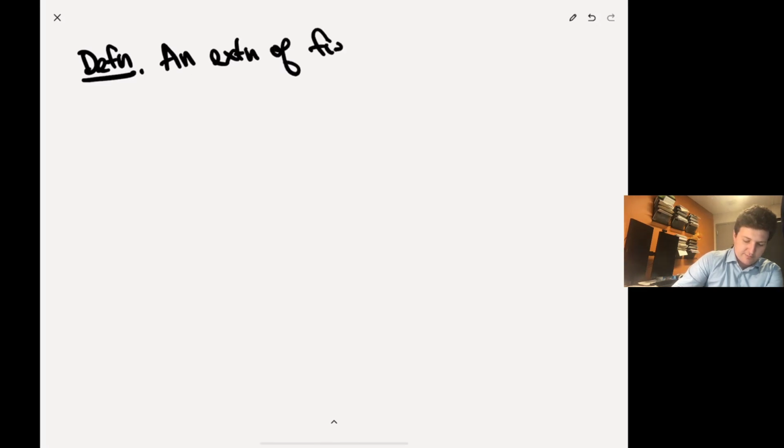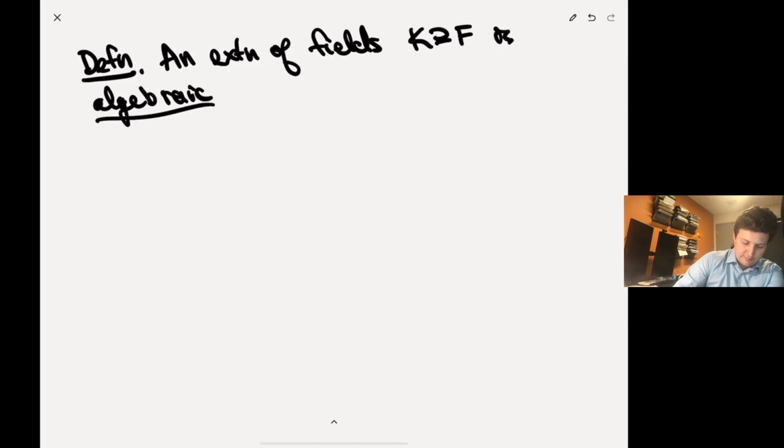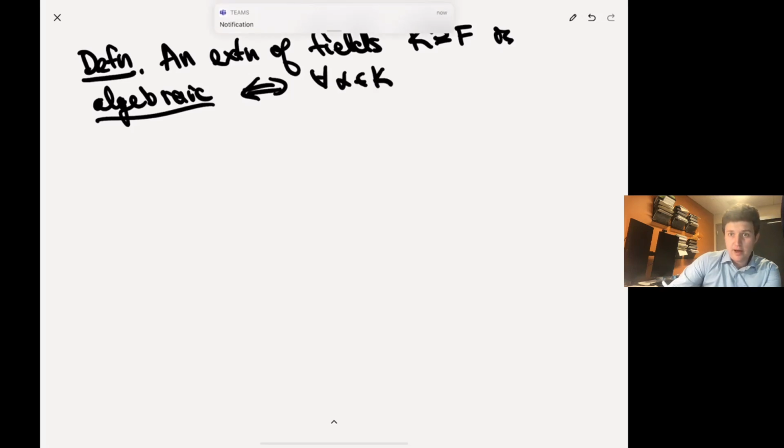So definition: a field extension K containing F is algebraic if and only if for all alpha in K, we have that alpha is algebraic.